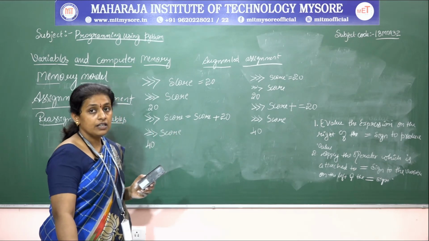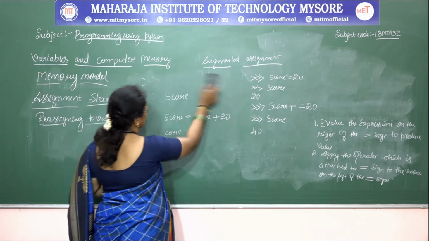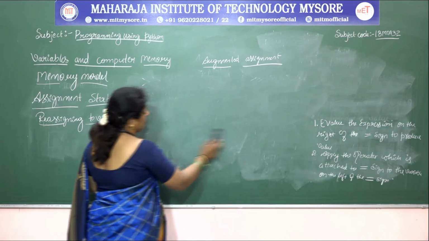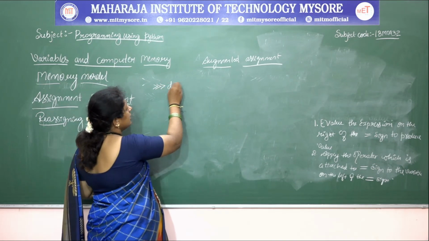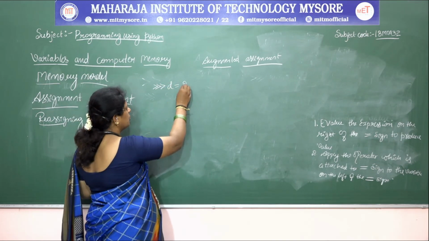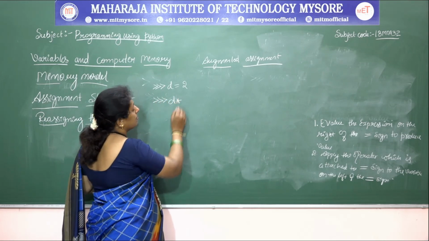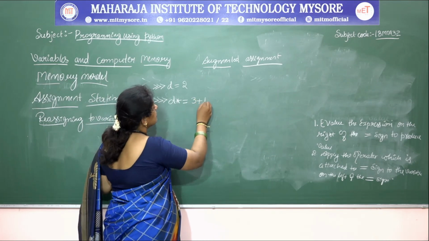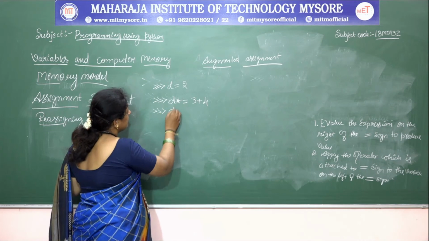Okay. Clear? Let's take an example. D equal to 2, D multiplied and equal to 3 plus 4. I am just displaying the content.